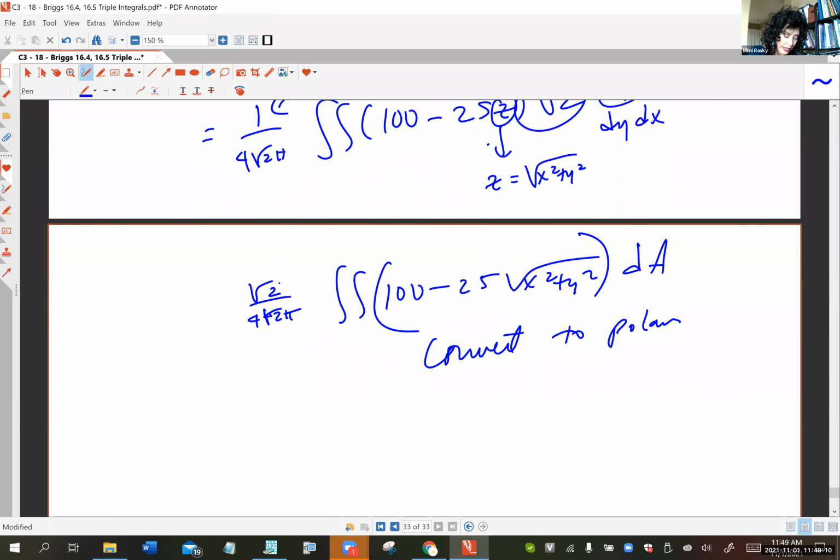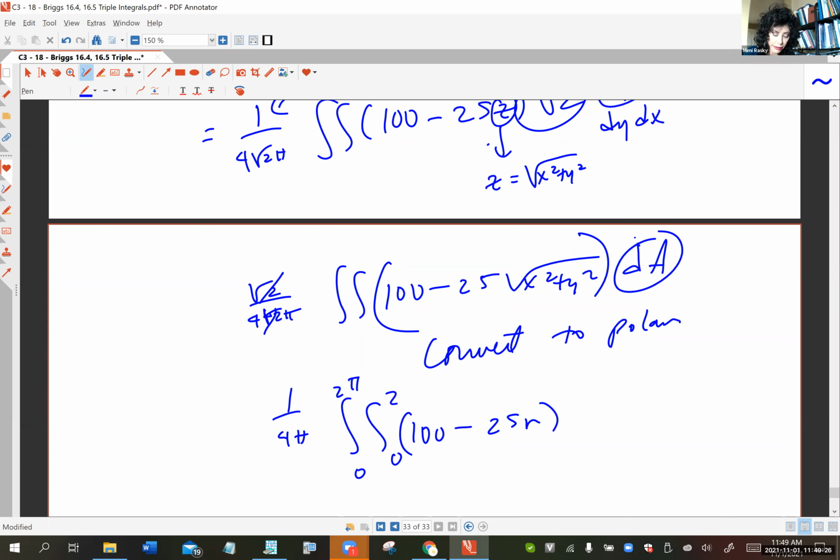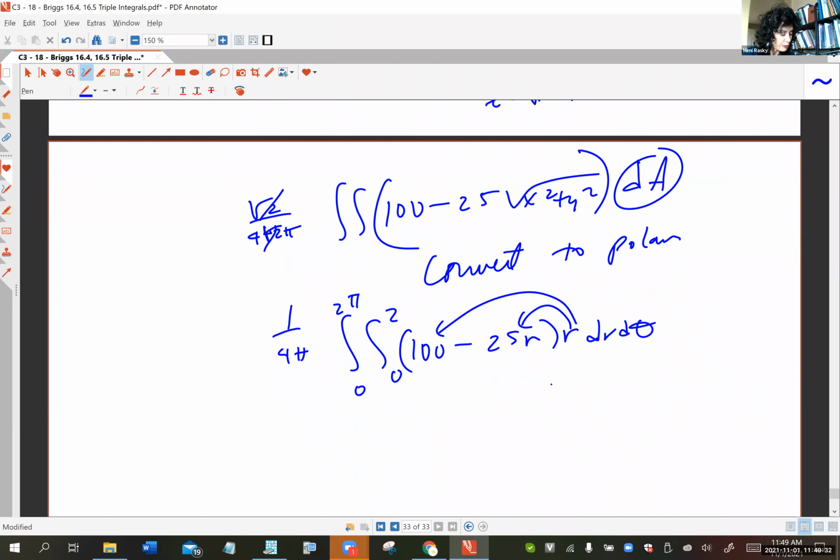And remember that the region of integration is the projection of the cone onto the xy plane, where r went from 0 to 2, theta went from 0 to 2 pi. This integrand is 100 minus 25r, dA becomes r dr d theta. And then don't forget to distribute this r before integrating with respect to r.